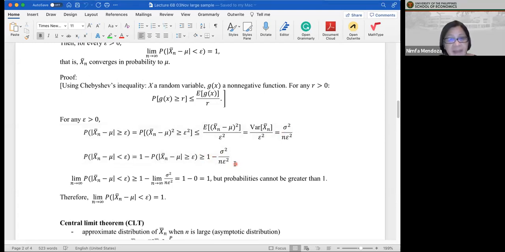And if you take the limit of this probability as n approaches infinity, you have greater than or equal to 1 minus the limit of sigma squared over n epsilon squared as n approaches infinity. We have n here, so this limit would be 0, so you get 1.